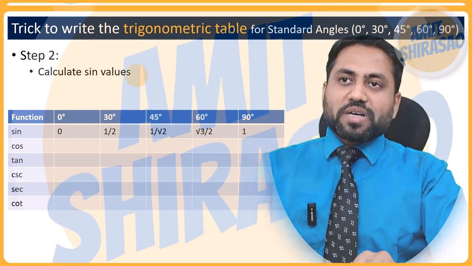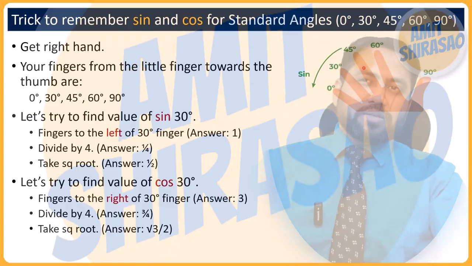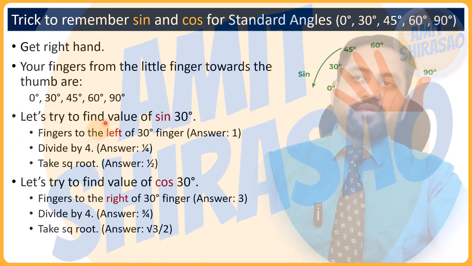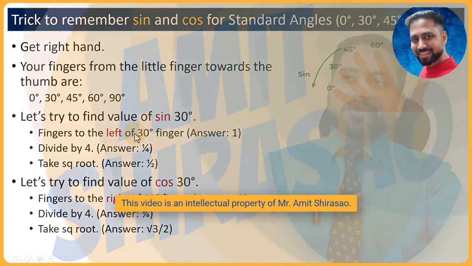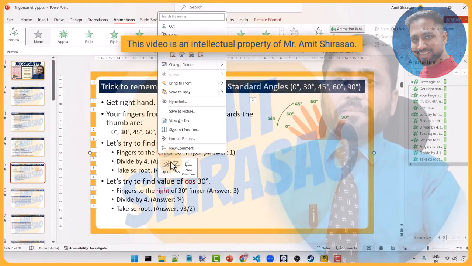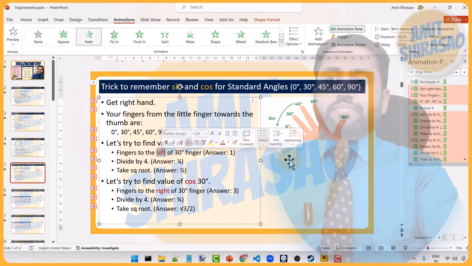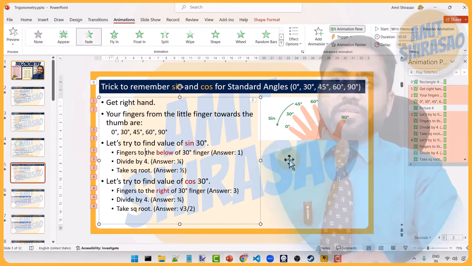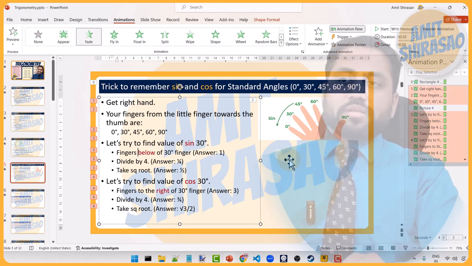Okay, so pardon me, I said something to the left instead of... I should rather be saying above. Let me correct that for you right away. So sorry, left means below, fingers below the 30-degree finger.